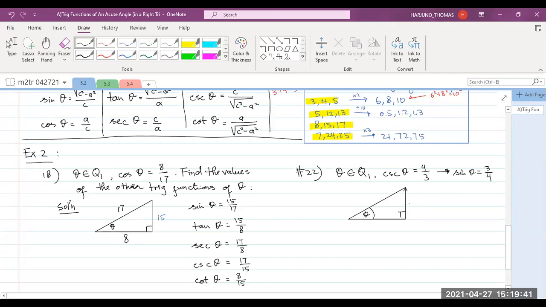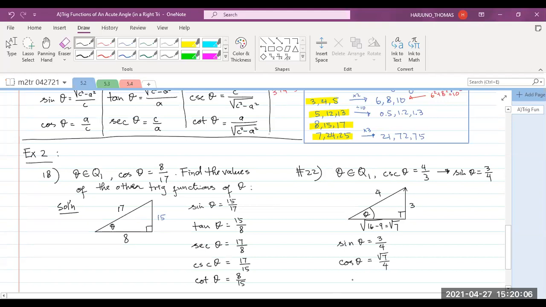If this is 3, this is 4, then this will be the square root of 16 minus 9, which is square root of 7. Cosine theta is radical 7 over 4.